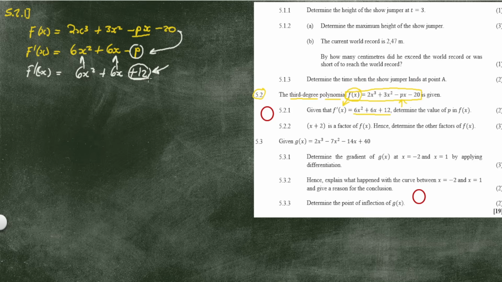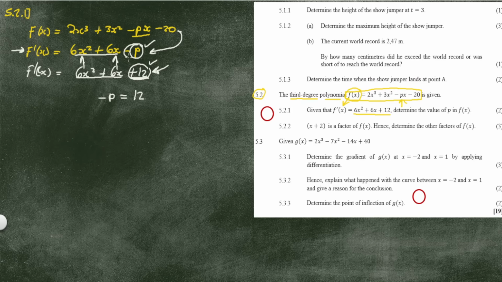The 12 is linked to a solution here. So the first derivative from the original equation: the first two terms are similar to the given equation. But now we have p after differentiating that equation, and the given equation has 12. So this means that minus p should actually be equal to 12.